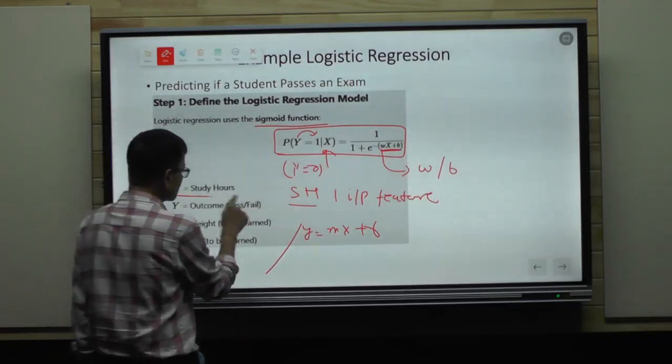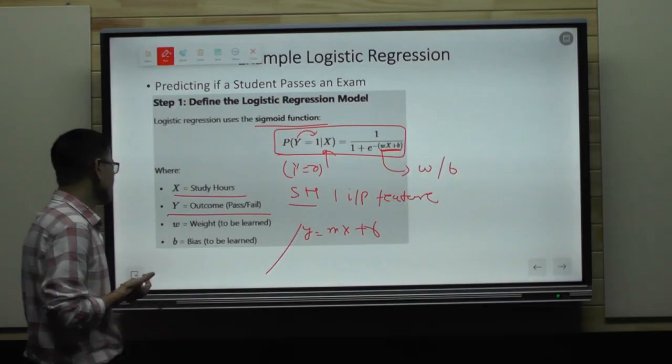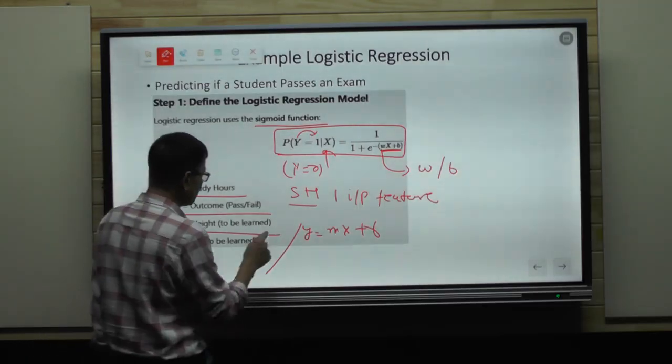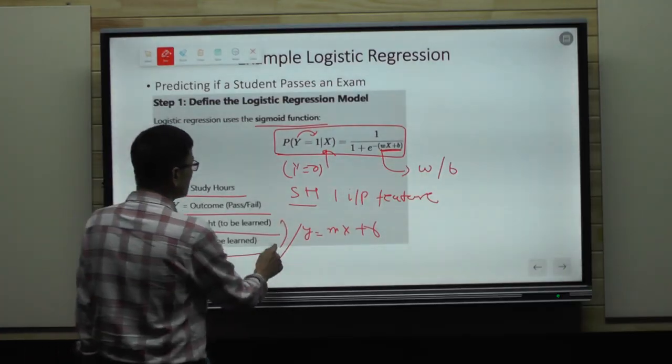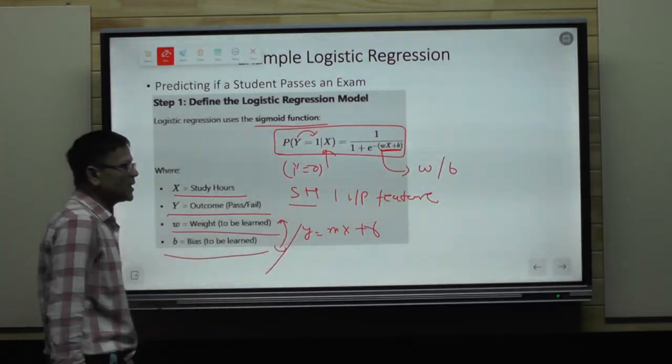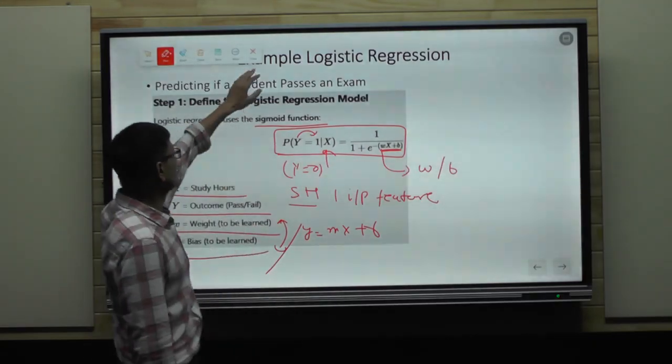So x is the hours of study, y is the outcome, pass or fail, w is the weight to be learned, and b is the bias to be learned. Once we calculate w and b, that means we have trained the logistic regression.